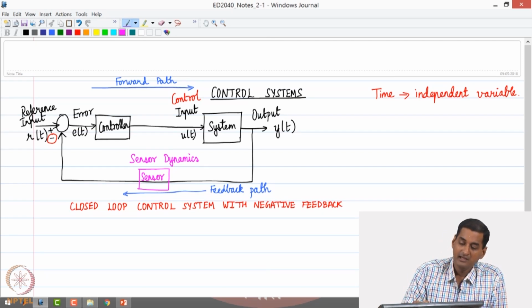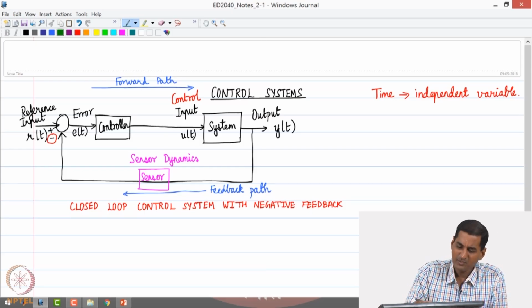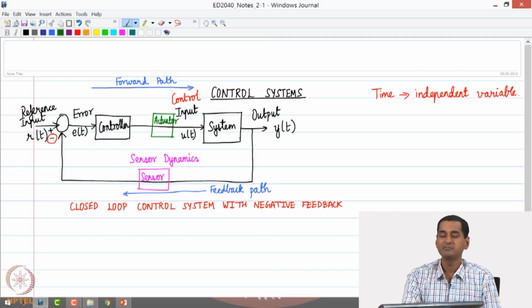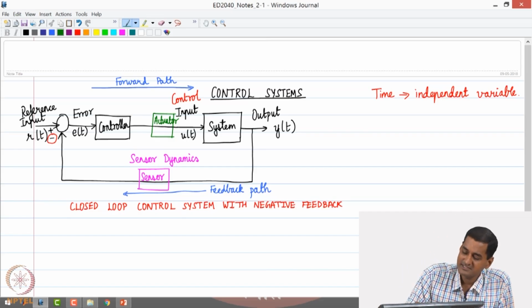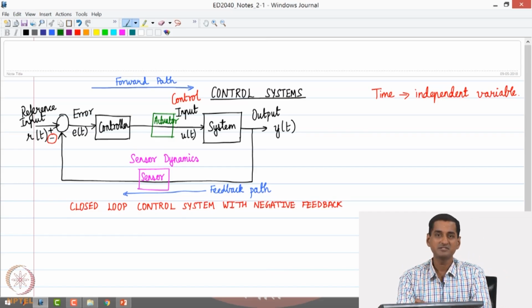Okay. And by analogy, an additional component called an actuator may come in the forward path. So, what is this? The controller calculates the control input and then provides the control input to the system, right.